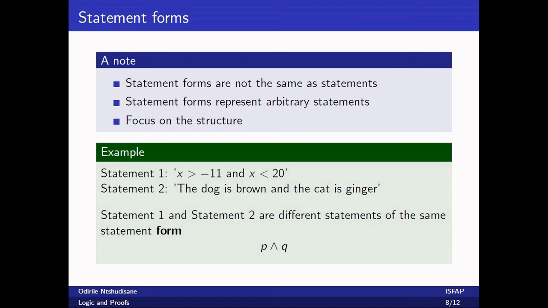Statement 2 saying the dog is brown and the cat is ginger. Both are statements, one about a mathematical object, x, and the other about the colors of dogs and cats. Statement 1 and statement 2 are different statements. However, they are of the same form, statement variable P and statement variable Q.